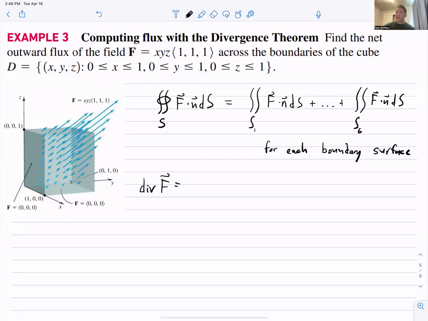The divergence of our vector field in this case will be the partial with respect to x, which is yz, plus the partial with respect to y, which is xz, plus the partial with respect to z, which is xy. So that's the divergence of our vector field. And then we just take the triple integral over the unit cube D of that scalar function, because the divergence gives us a scalar function, dV.